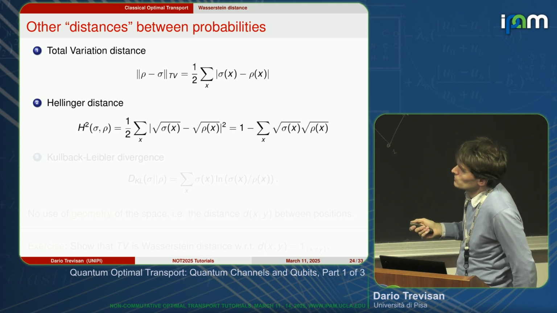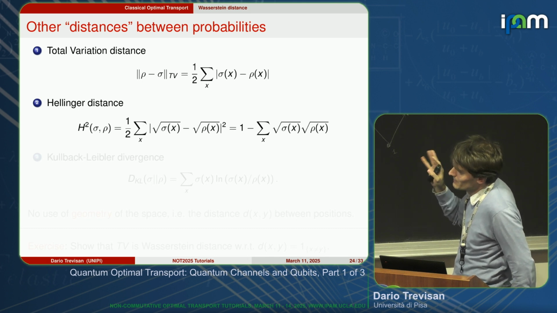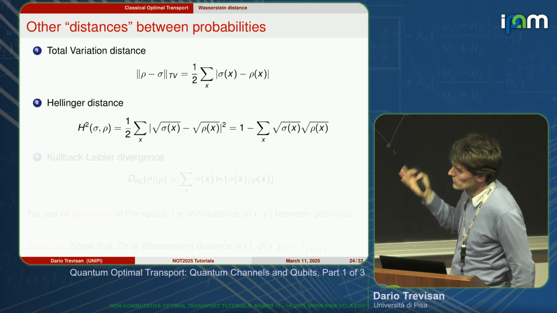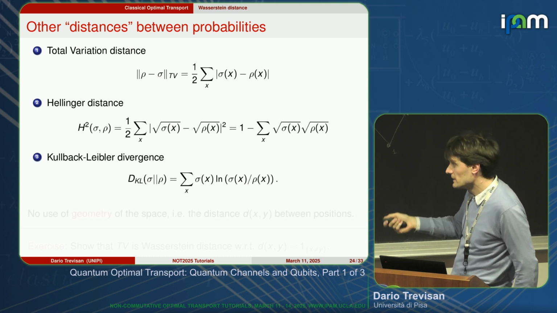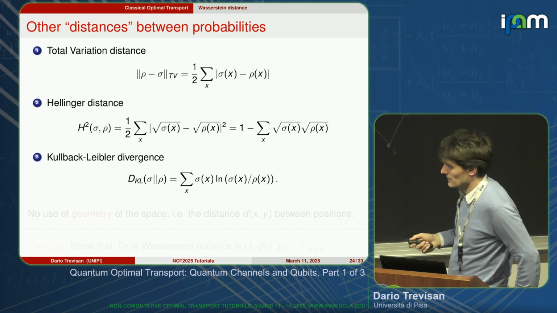You may ask, why should I care about this and not that? Well, this one is more like a Riemannian-style quantity because it's a sort of L2 norm, so in some cases it may be preferable to work with Hellinger instead of total variation. And this is the old friend, the relative entropy, the Kullback-Leibler divergence.